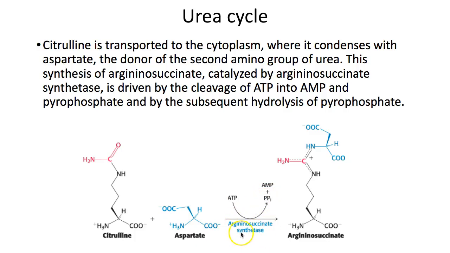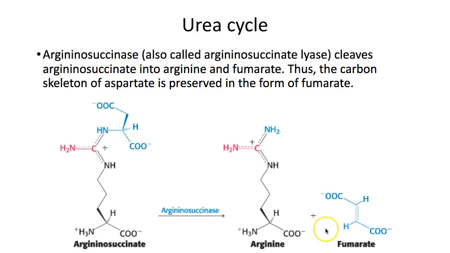And the enzyme is argininosuccinate synthetase. And then you have this argininosuccinate compound. Then from there, you have this cleavage that is happening to end up forming the fumarate, and then you have your arginine.